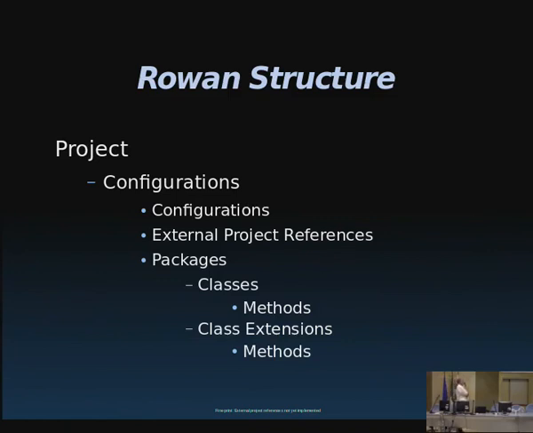But for Rowan, the evolution has gone to where you have a project made up of a set of configurations. A configuration points to other configurations and external project references, and the configurations also point to packages. The packages have classes and methods, familiar to the Monticello folks, and then class extensions and methods. The configurations are the new feature, and it's the new feature that's replacing Metacello.